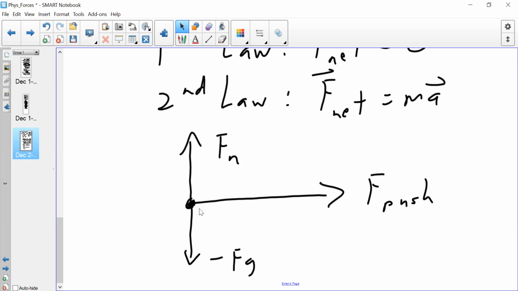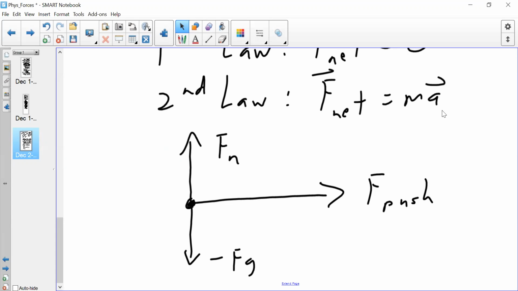That makes common sense. It's going to fly off in that direction, because now this is the state of imbalance. This is the unbalanced force that's going to produce an acceleration. So every time you have an unbalanced net force, the object's going to go in the direction of that unbalanced net force.